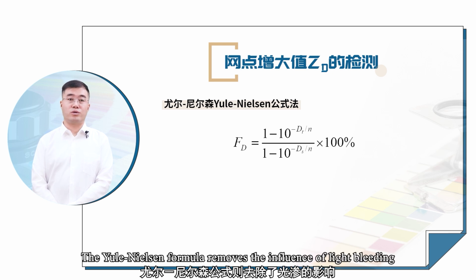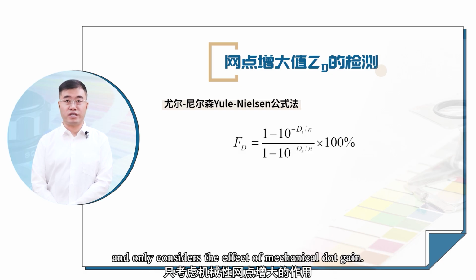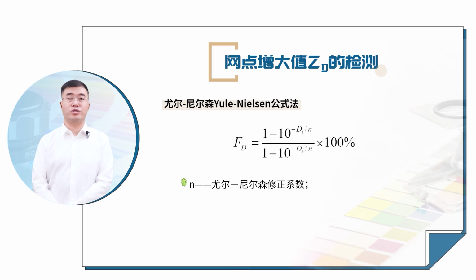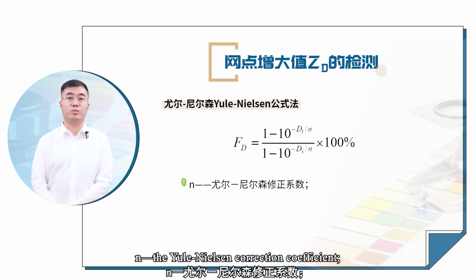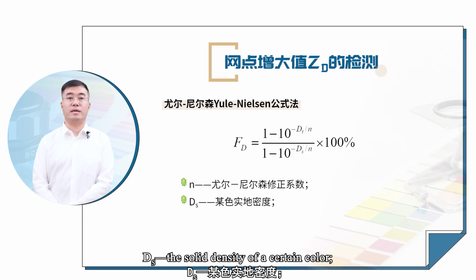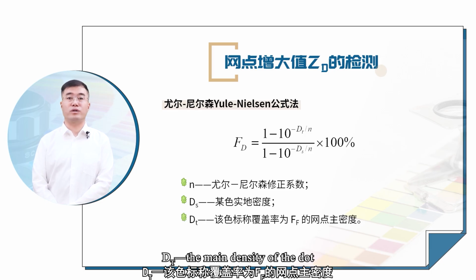The Yule-Nielsen formula removes the influence of light bleeding and only considers the effect of mechanical dot gain. In the formula, n, the Yule-Nielsen correction coefficient; D sub S, the solid density of a certain color; D sub T, the main density of the dot with a nominal coverage rate of FF for this color.